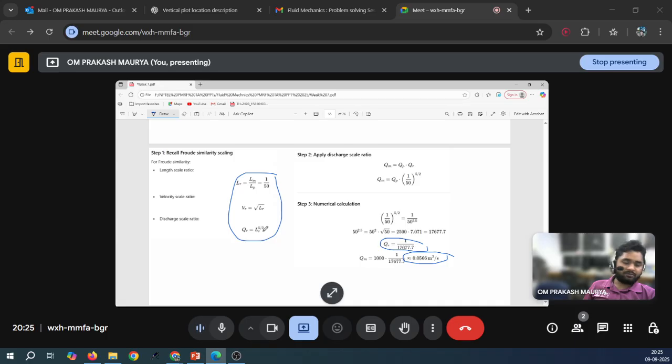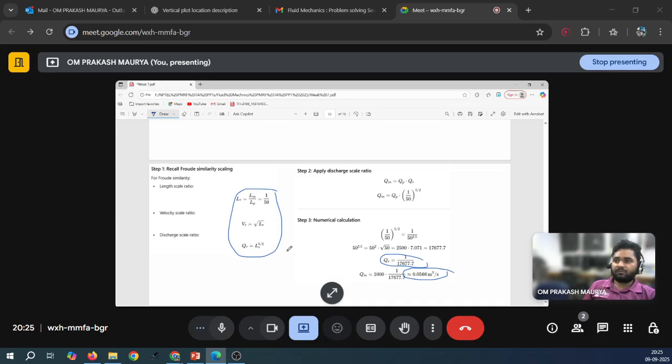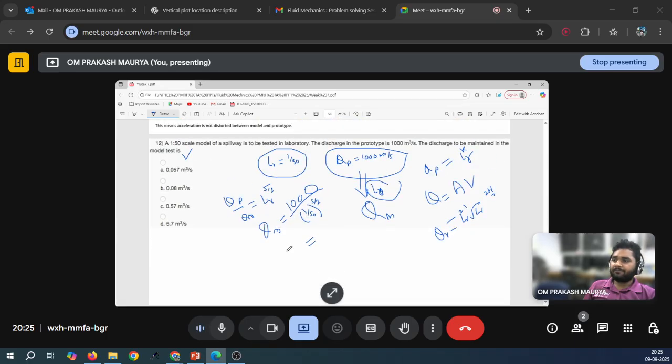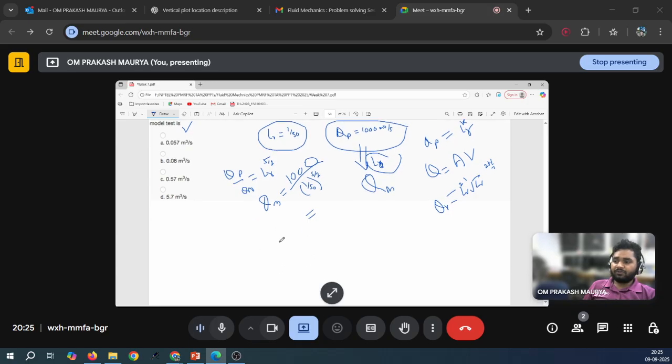So a similar thing is done here: QR is equal to LR to the power 5 by 2. One thing to remember: the unit of Q is meter cube per second. Meter cube means L3, and second is L2, as we have already discussed.